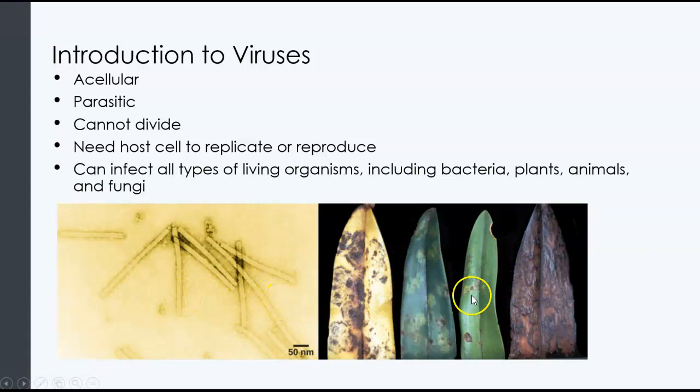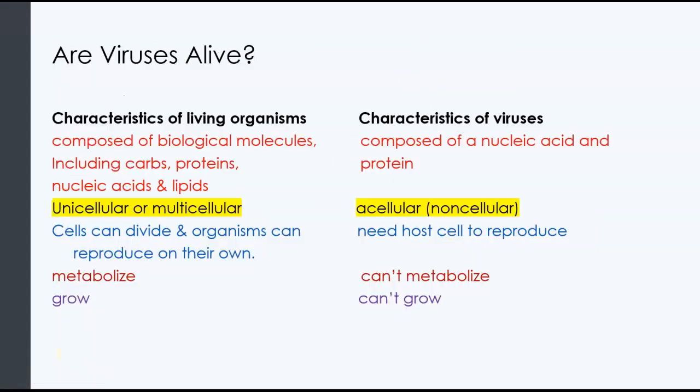Over here on the right, you see orchid leaves and how they look when they are at different stages, when they are infected with the tobacco mosaic virus. So viruses can infect animals, we know that. And viruses can also infect fungi. In fact, we can make use of that to destroy fungal infections sometimes.